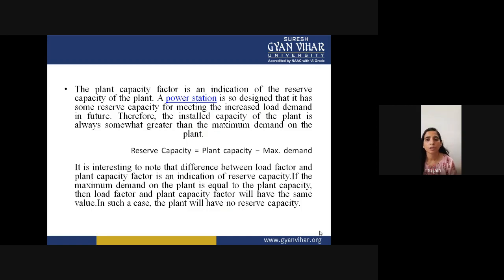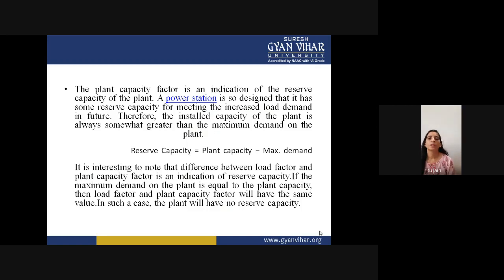Future demand can be calculated by load forecasting methods. That is a different topic, we will discuss it in the next unit. Therefore the installed capacity of the plant is always somewhat greater than the maximum demand on the plant. So reserve capacity can be defined as plant capacity minus maximum demand.